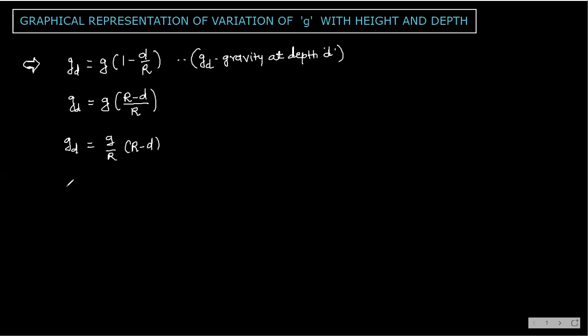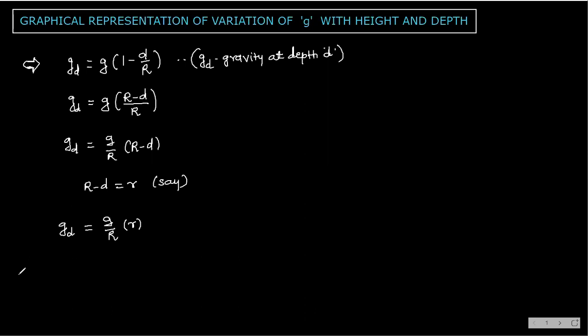Now let us assume that R minus d is equal to small r. Then can I write g_d is equal to g by R into small r?